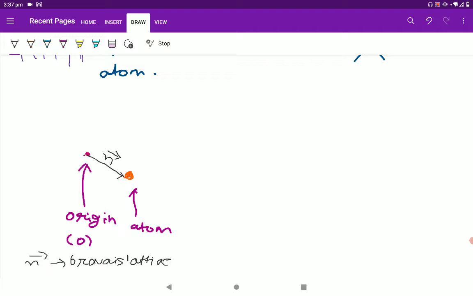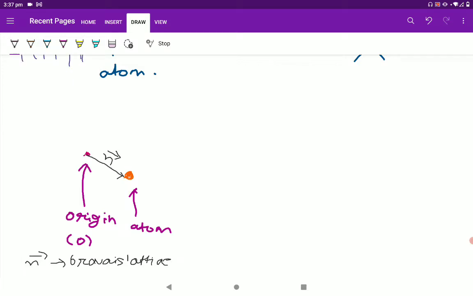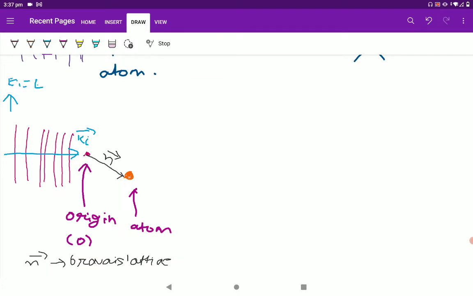Now let us have some plane waves arriving. These are the plane waves with wave vector direction ki in this direction, and the electric field is perpendicular to the direction of propagation of the wave. Here we write Ei is equal to E naught e^{ik·r}.